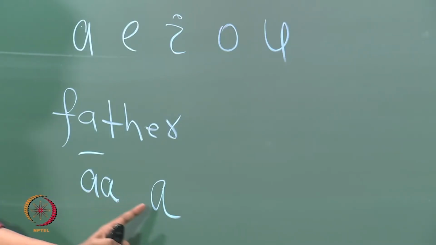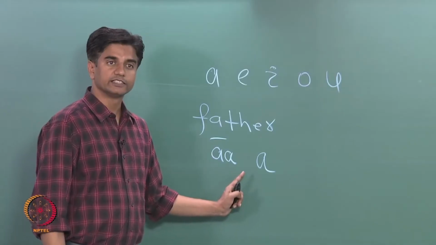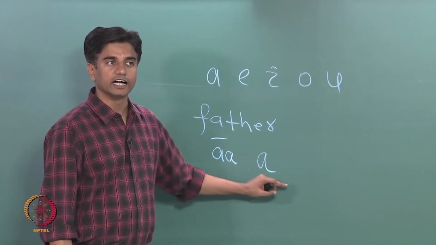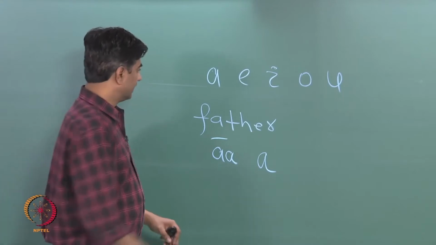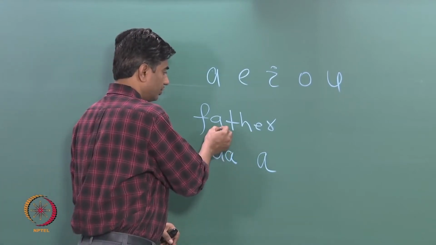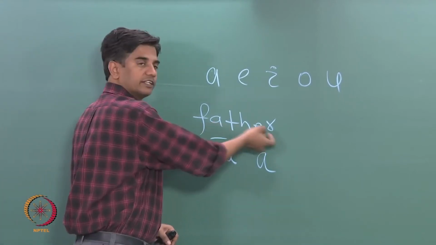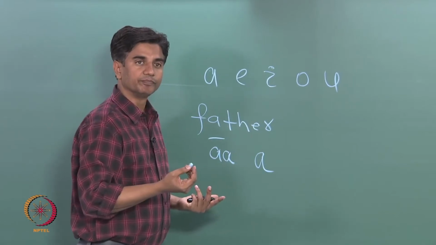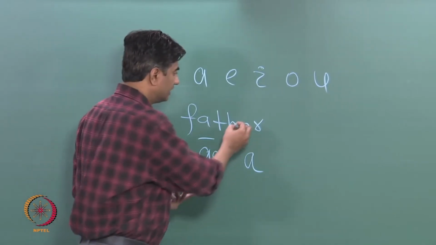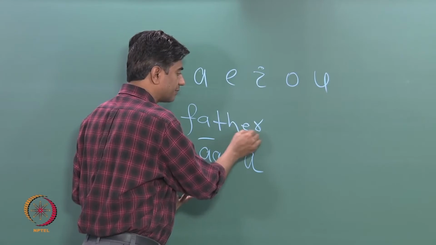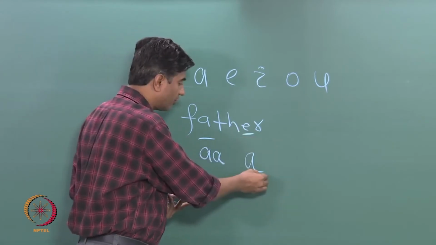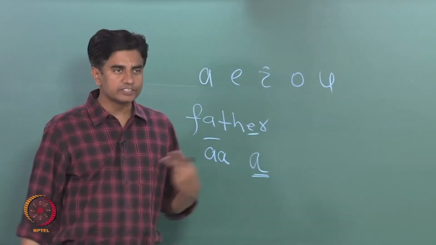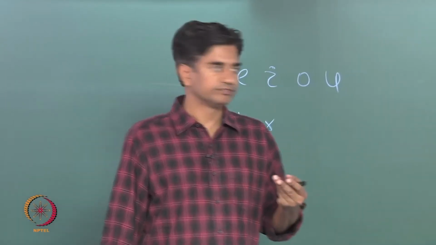So there are 2 vowels in this word. One is A, the other is A, and we write them differently, right? We write something else, we call it something else. Do you see the inconsistency?